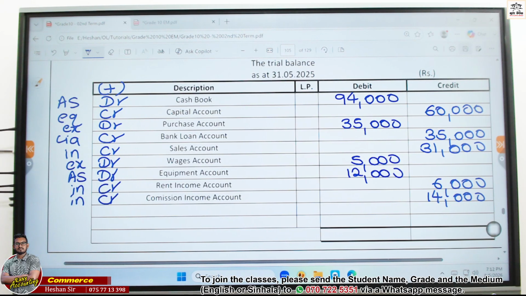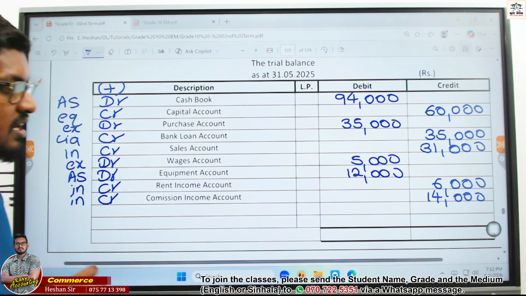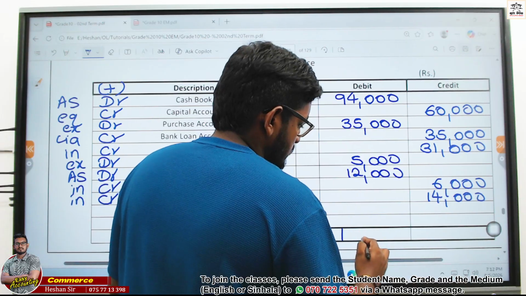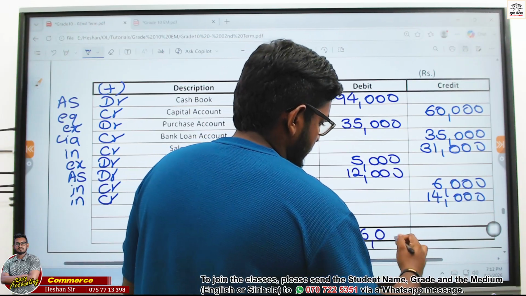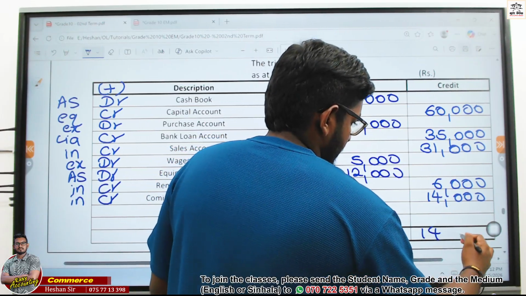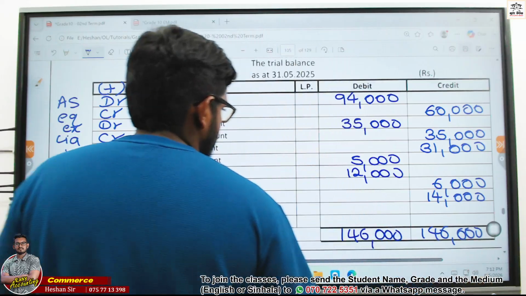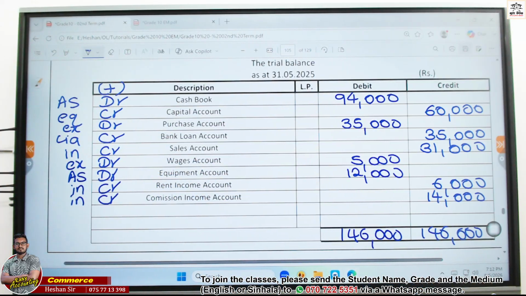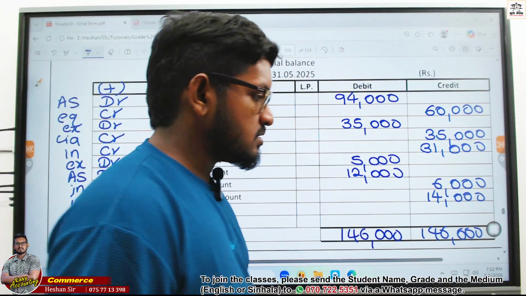Yes, both sides balance at 146,000. So accounting-wise, not 100% sure, but it's a rough idea that our totals are okay. Finish it and put your hands up.